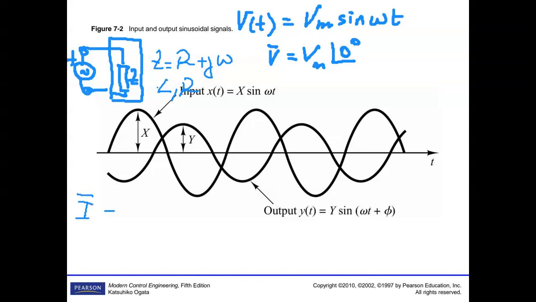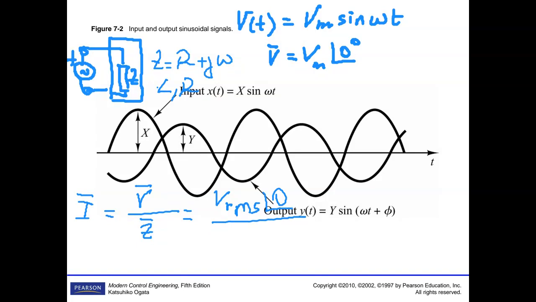In other words, V RMS at angle 0 over Z at angle phi. How will this Z angle phi be found?